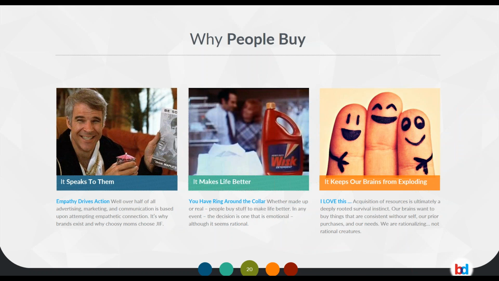Now, one of the things that happens, though, and this is where branding comes in. What branding does is it makes life simple for us. So a person who gets really accustomed to buying Coca-Cola is going to continue to buy Coca-Cola, because the idea of buying Pepsi makes their brain hurt. They have to rethink what speaks to them, and instead they know, I'm just going to keep buying Coca-Cola. This is where mass media marketing creates brand and market share.